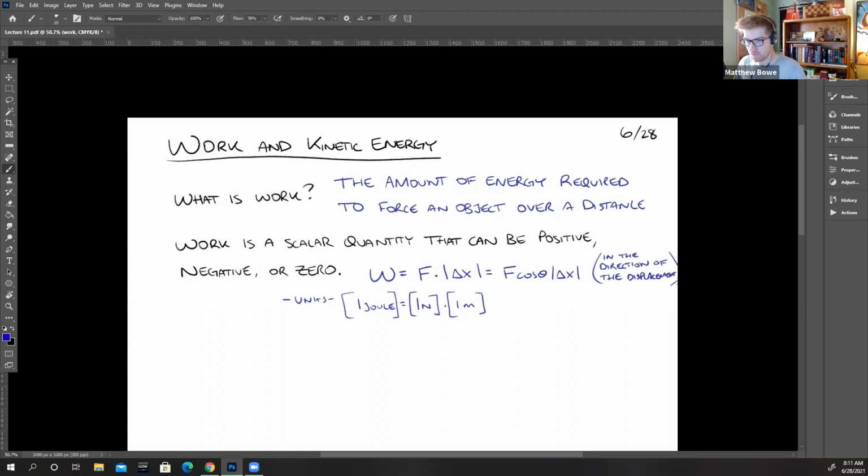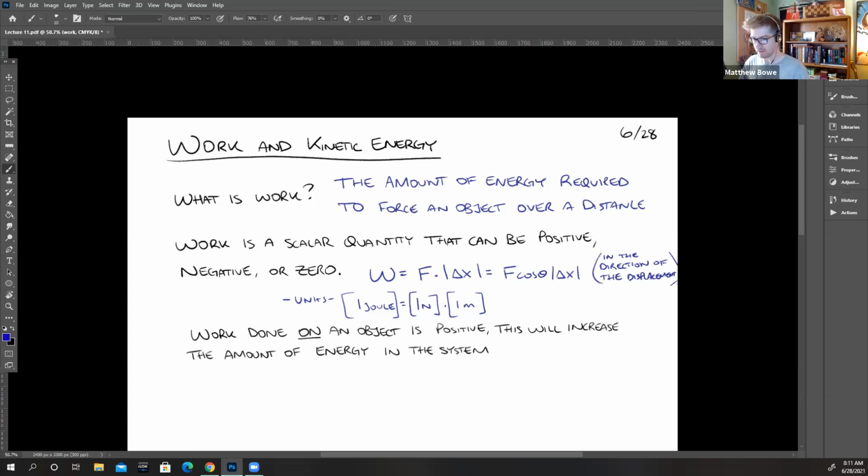Work can be done on an object or by an object. What do I mean by this? This is where the scalar factor comes in. So I said it could be positive or negative or 0. The example they give in the book is stretching a spring.